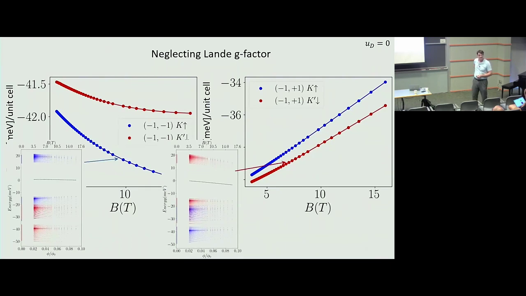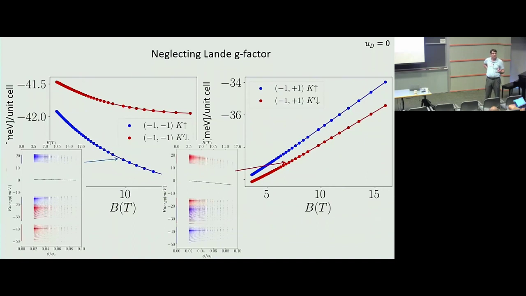Now it turns out that the spins of these two valleys are probably locked to the valley. And so for this orientation of the magnetic field, including the Zeeman and the orbital g factor will actually start stabilizing the valley K. So this blue curve is going to start coming down.